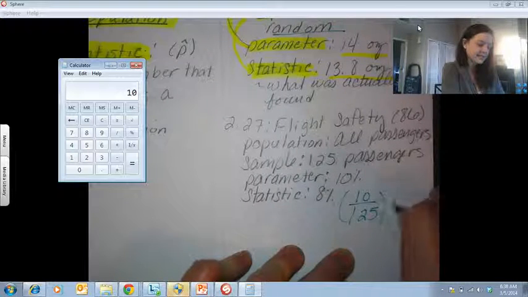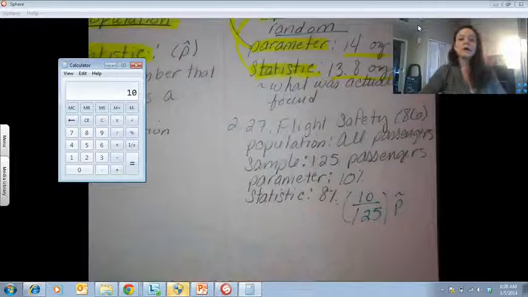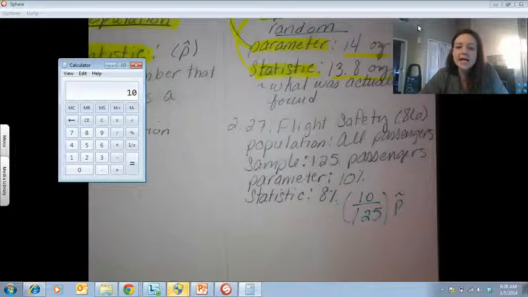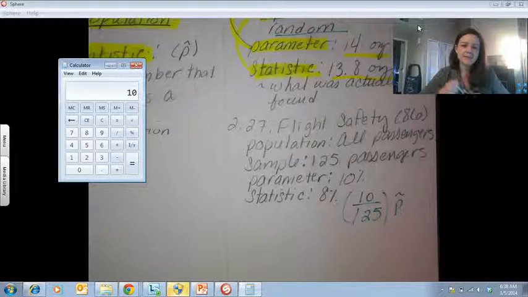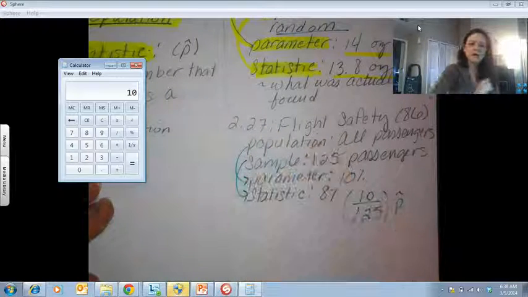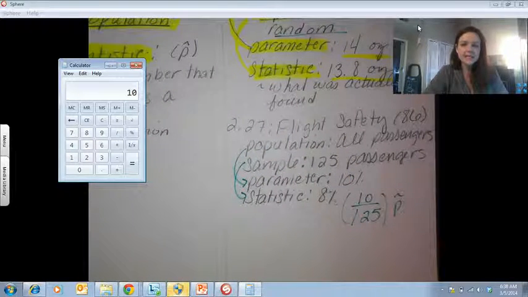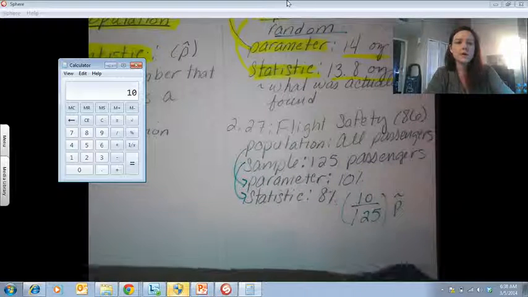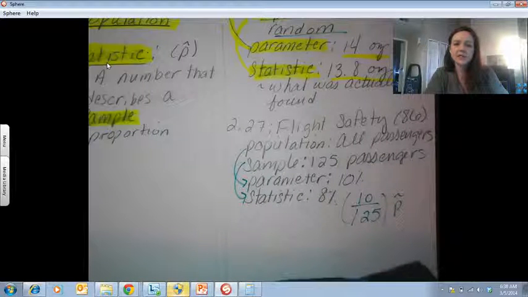Okay, that's going to be p hat. Only 10, or 8%, were actually chosen to be looked at. So the statistic matches with the sample and the population matches with the parameter. Easy peasy. Some questions are going to be a little bit harder. You'll see that on some of the quizzes. But just ask me if you have any questions about that.